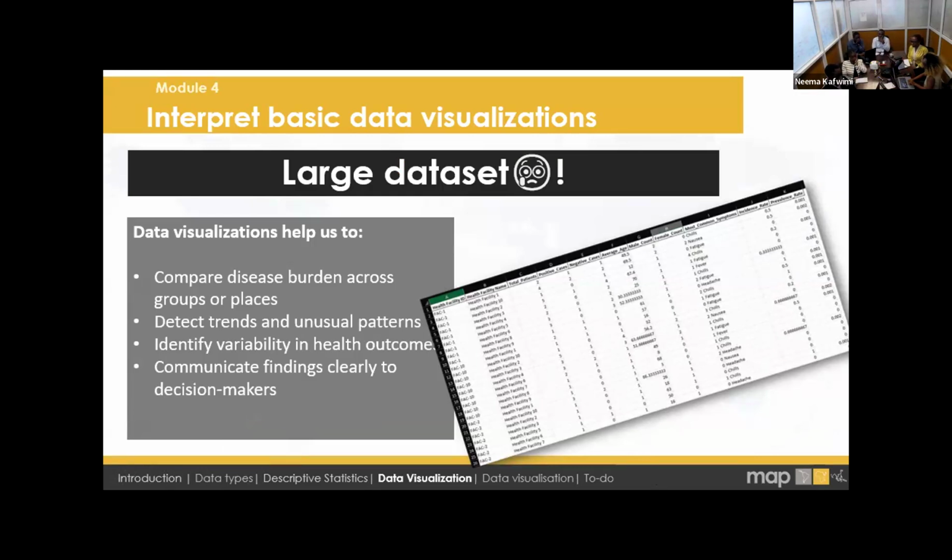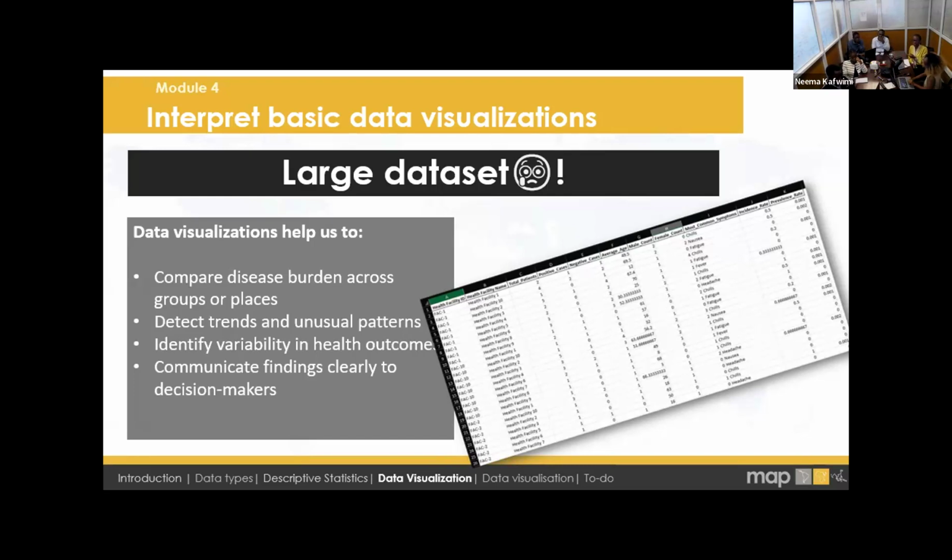Yeah, so welcome back. Into interpreting basic data visualizations. Public health professionals usually work with very large data sets, and they're very hard to interpret in the form of a table.